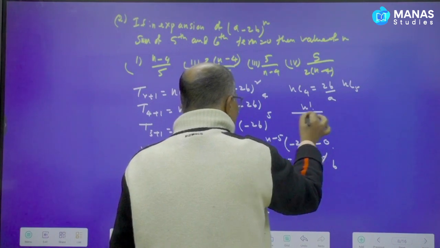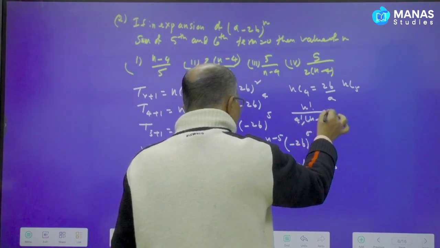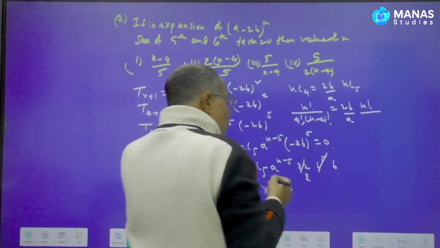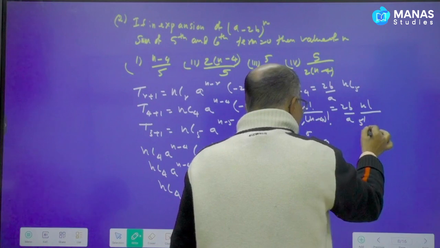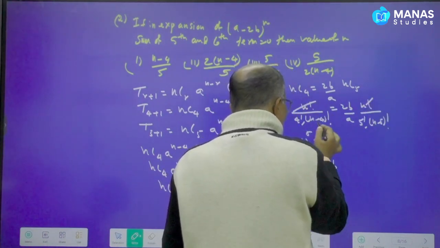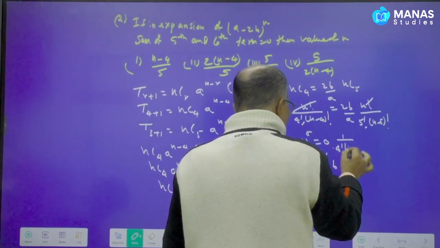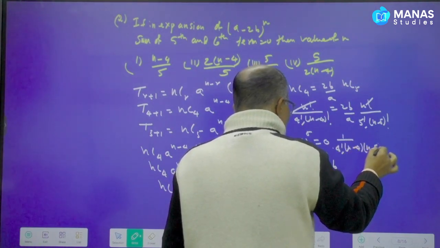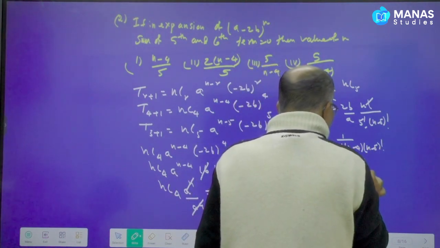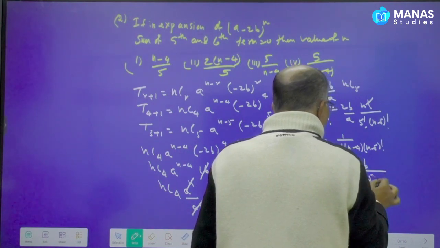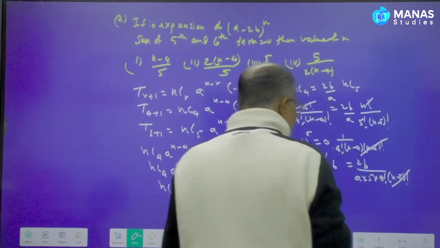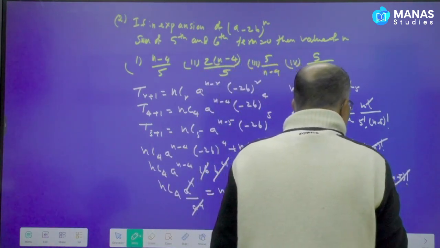nC4 = n! / (4!(n−4)!) = (2b/a) n! / (5!(n−5)!). n! cancels. Now (n−4)! is (n−4)(n−5)!, so the left side becomes 4!(n−4)(n−5)! and the right side is 2b multiplied by a multiplied by 5 into 4!(n−5)!. (n−5)! cancels, 4! cancels.